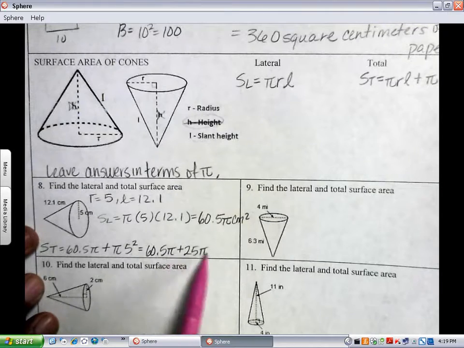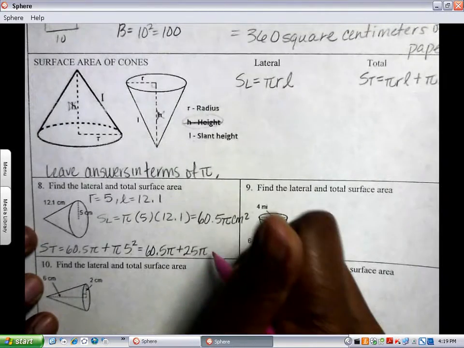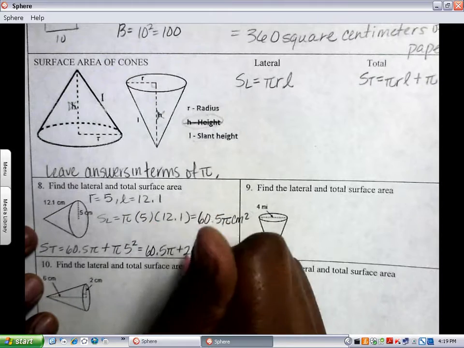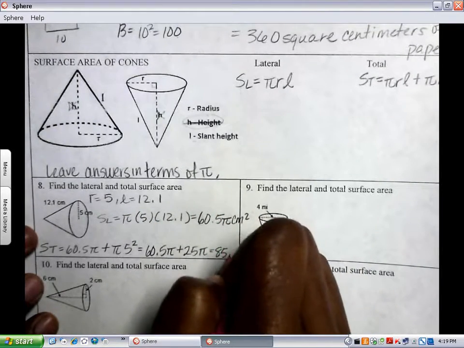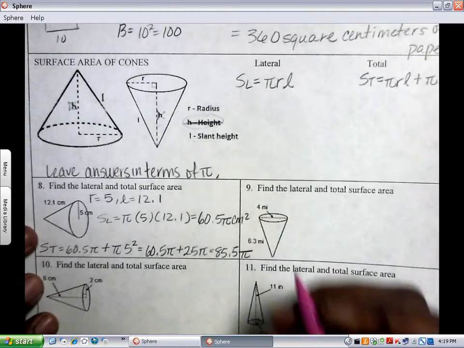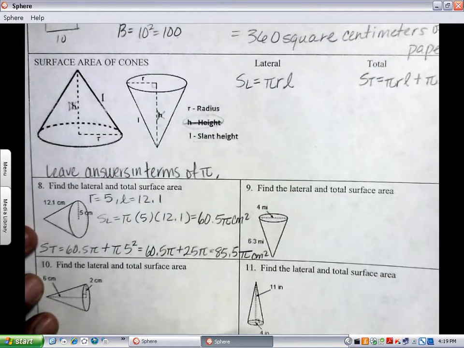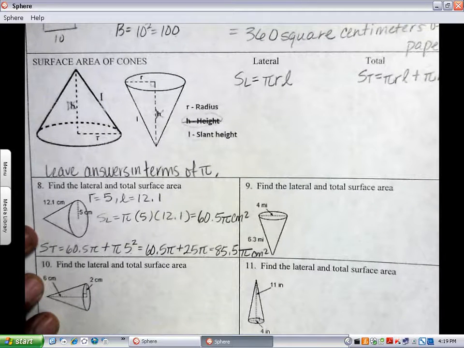You're going to treat pi like it's an x. So 60.5 plus 25 is 85.5 pi centimeters squared.